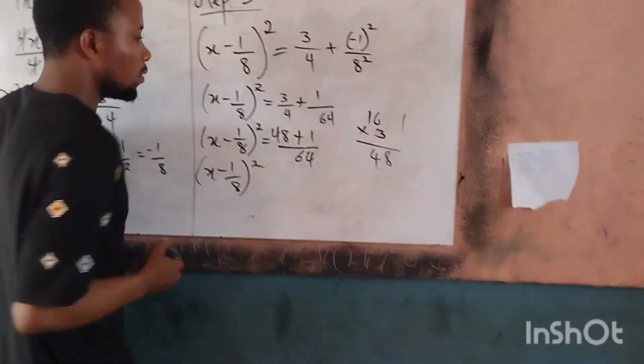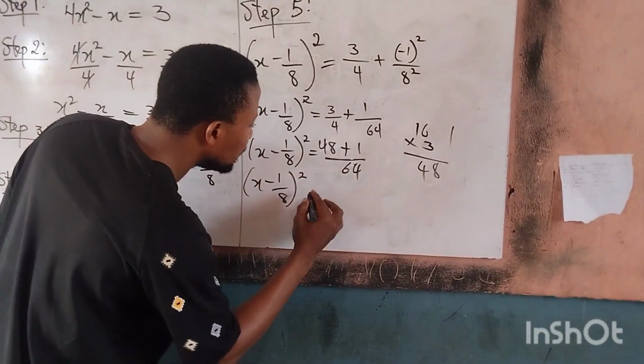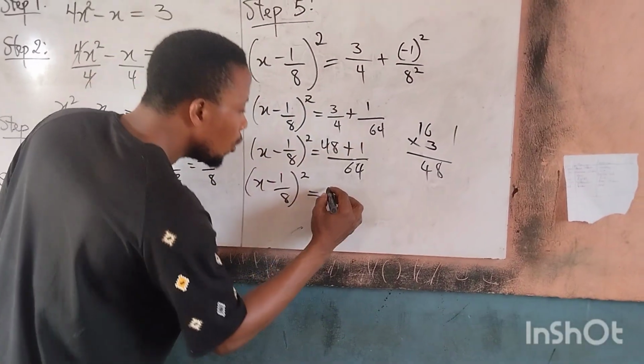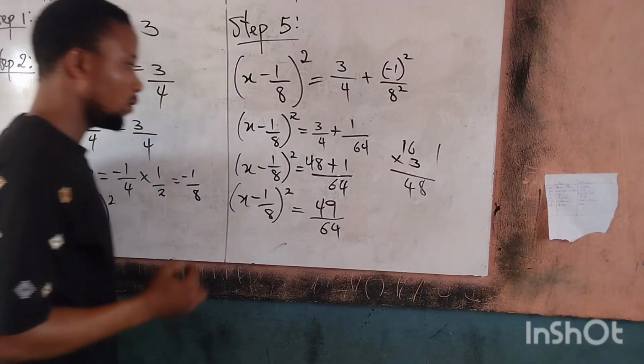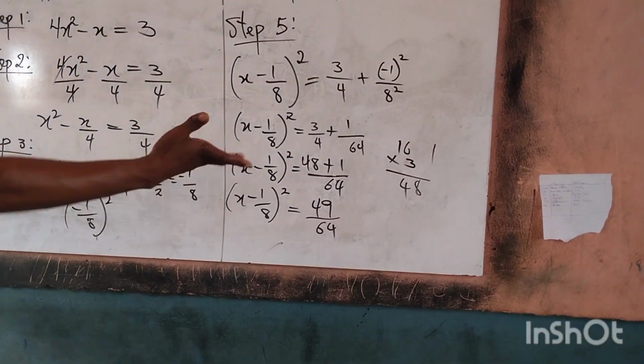Now, this one will give you this plus this, which is 49 all over 64.